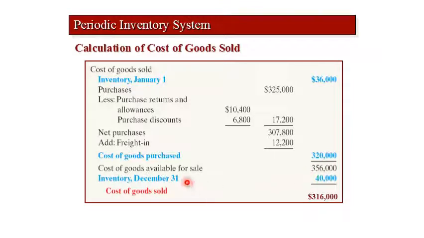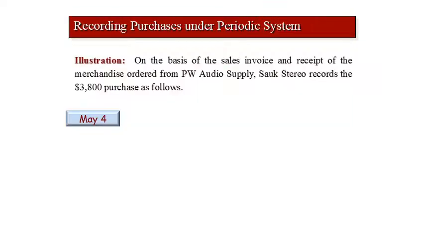But you have inventory at the end of the period from the physical count, such as here 40,000. So your cost of goods sold is 316,000. So the cost of goods sold equals beginning inventory plus cost of goods purchased minus ending inventory. You will do this just at the end of the period.